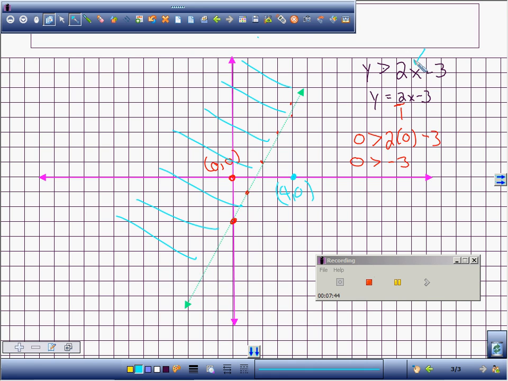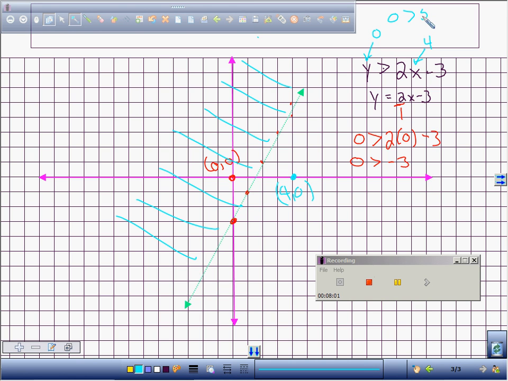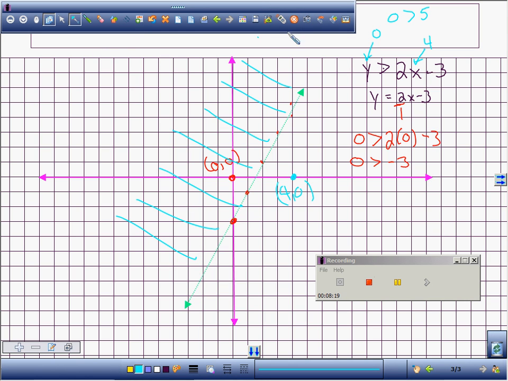So I would get 0 is bigger than 2 times 4 minus 3. What's 2 times 4 minus 3? 5, right? Is 0 bigger than 5? True or false? False. Since this point makes my inequality not true, that means the solution must be on the other side of that line, not on this side.